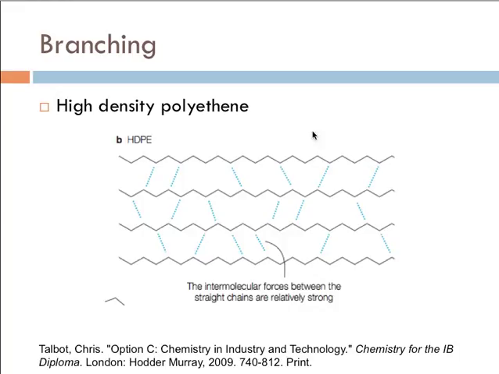Contrast that with high density polyethene, where you see the regular structure of the polymer chain, a very ordered structure with more ability for intermolecular forces to form between these chains, meaning stronger intermolecular forces holding the different polymer chains together.